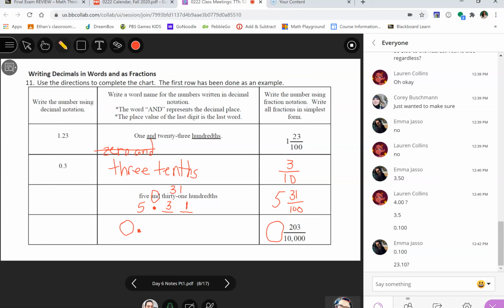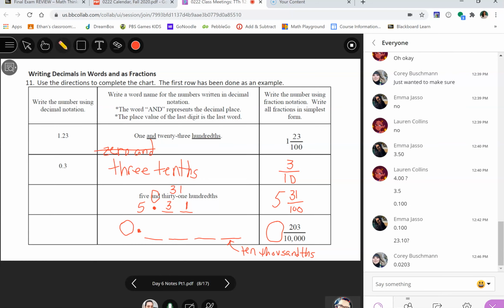So you have to count your place values out. Tenths, hundredths, thousandths, 10,000ths. This is the 10,000ths place. So no whole number, so I put a 0 in front of the decimal. I have to go to the 10,000ths place.